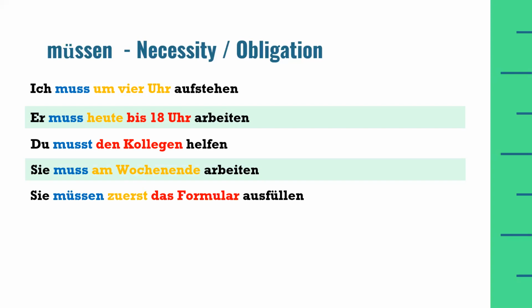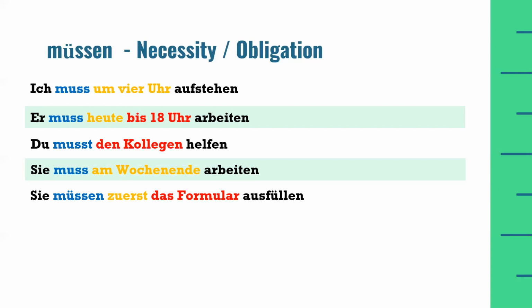Next example is Sie müssen zuerst das Formular ausfüllen. You have to fill the form first. Now, in this sentence, again, it is necessary for us to fill the form before we do something else. Therefore, we have used müssen modal verb, and here you see that sie is the subject of sentence, which means here you in a formal way, because here we have used the conjugation müssen.